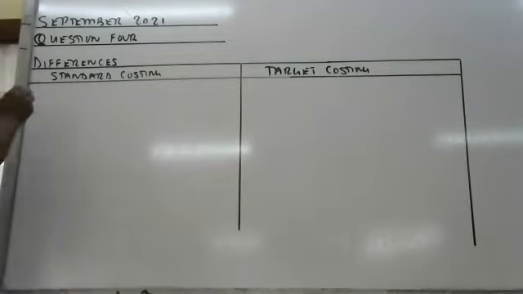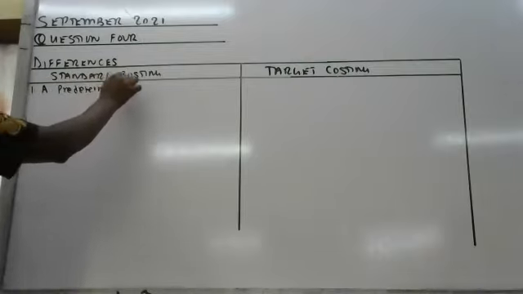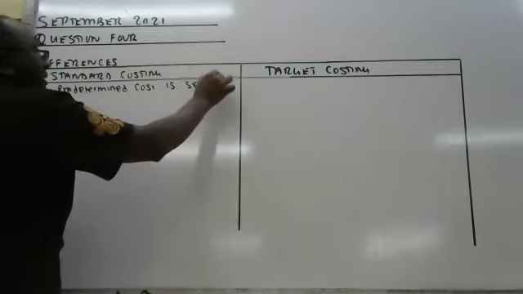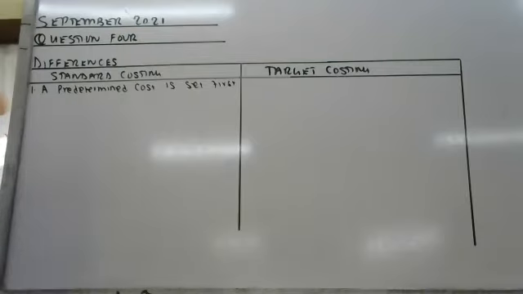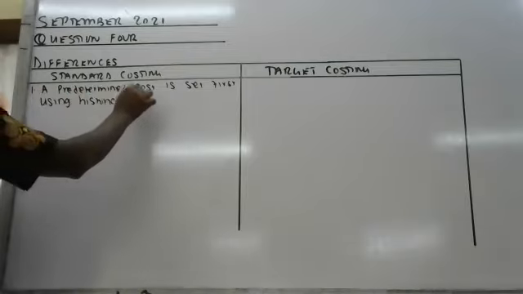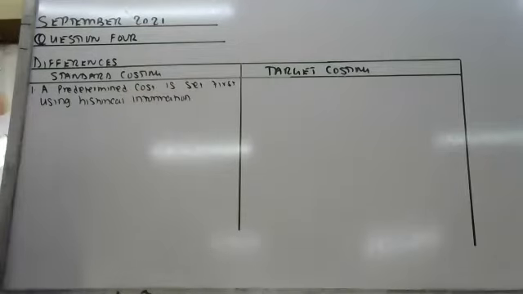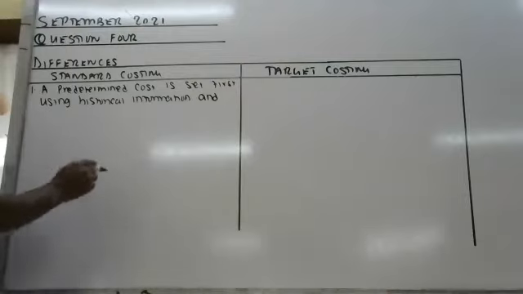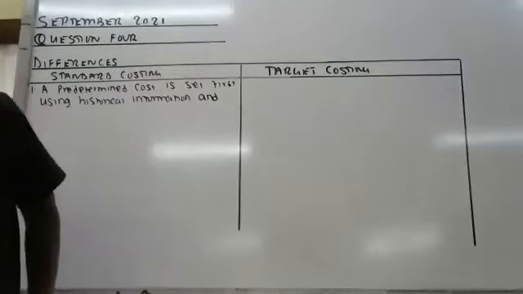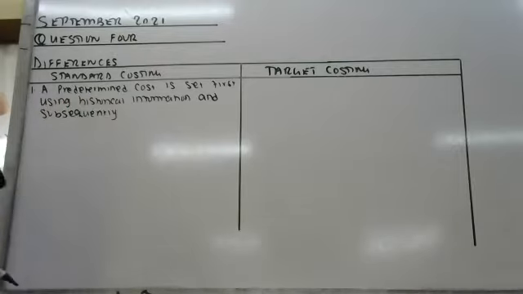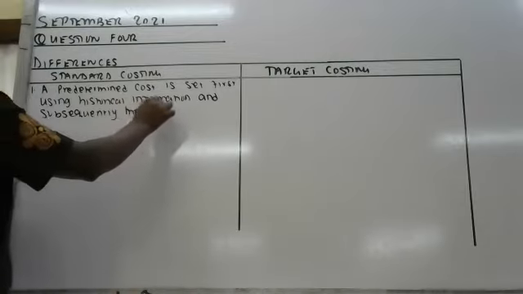The first one is that a predetermined cost is set first, using historical information, and subsequently the selling price is set.